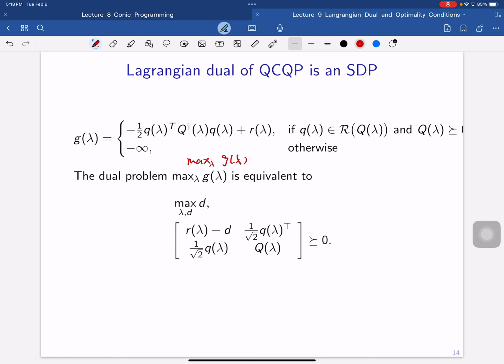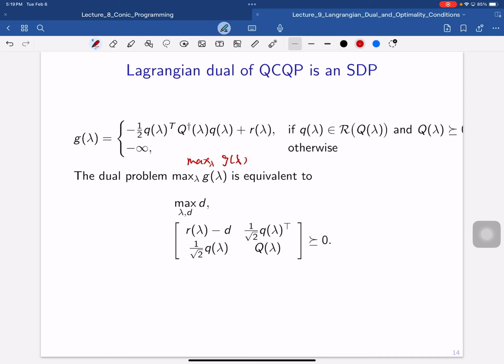So why do we have this equivalence? The way to show this is equivalent to the dual problem is by using the Schur's lemma we discussed in the previous lecture.